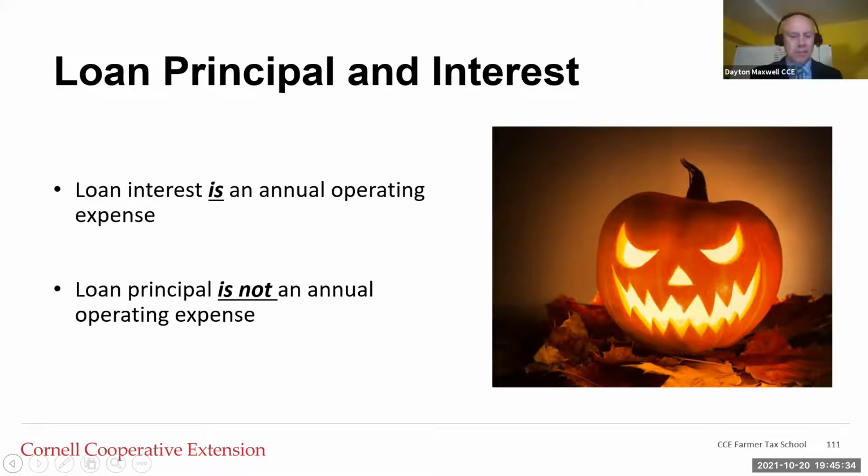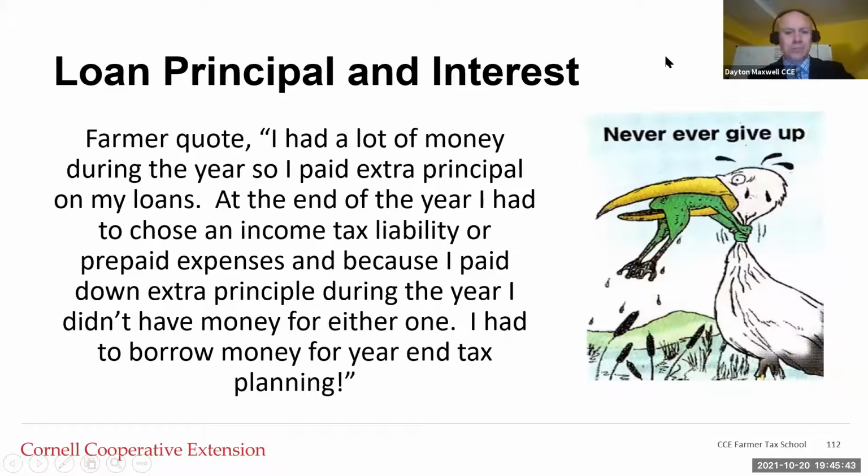And I give you an example here, which I've run into numerous times. I know there's a lot of verbiage on this slide, but let me just get through it with you. The farmer says to me, hey, I was having a really good year, had a lot of money, so I decided to pay down some extra principal on my loans.